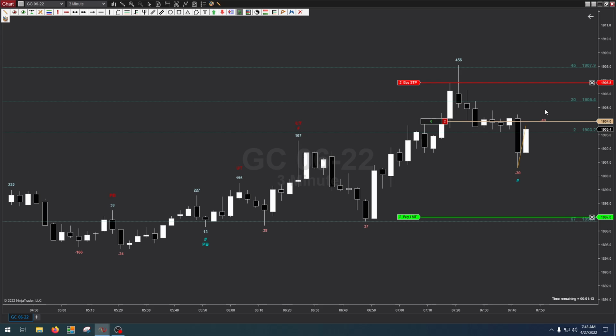Negative volume delta. Came up to test this fractal low right here. That's what it's doing.